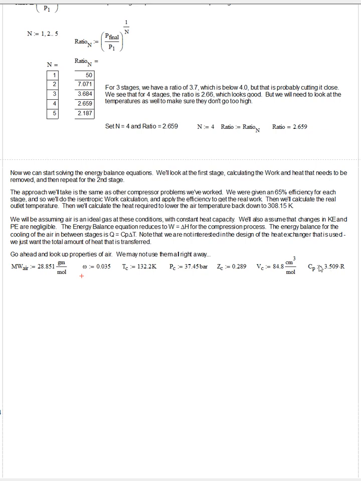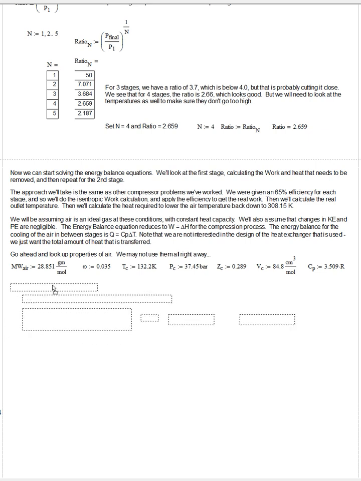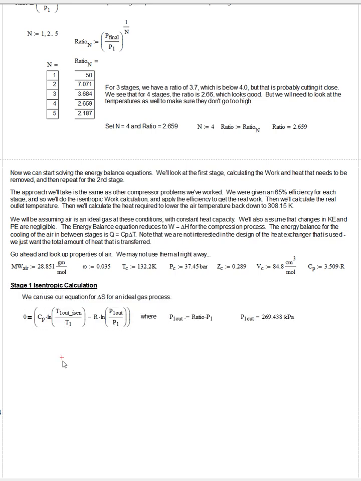And then they said to use 7/2 R, but in the back of the book in the appendix at 298, the heat capacity of air is 3.509, so just a little bit bigger than what you were told in the problem statement. So now we've got our properties. Now we can start our isentropic calculation.